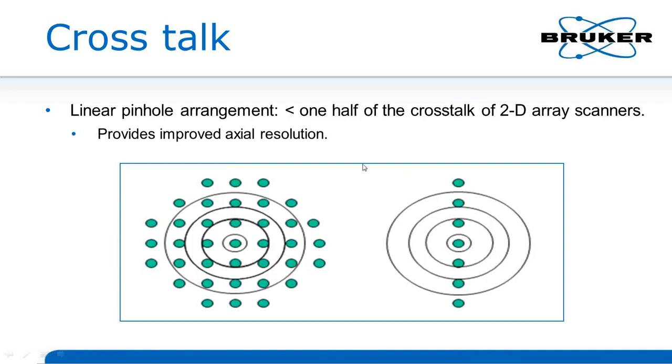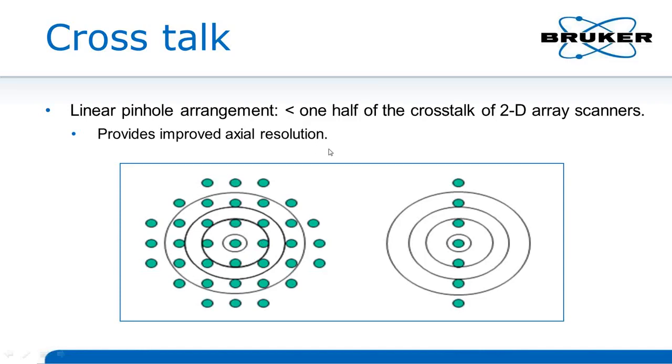The reason for this, and it's actually at least one-half of the crosstalk of a 2D array or less, you can see schematically here: in the linear array, one pinhole can receive crosstalk from neighbors only in one axis, whereas in a 2D array, any given pinhole can receive crosstalk from multiple pinholes in various directions.